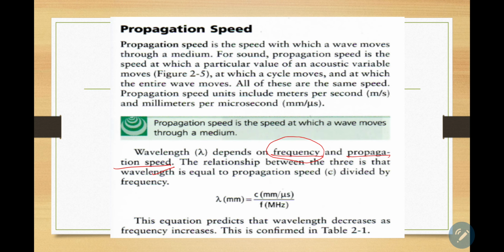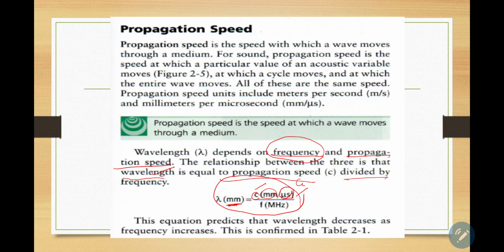So, the relationship between the three is that wavelength is equal to propagation speed divided by the frequency, as it's represented by this formula. Okay, lambda represents wavelength in millimeters for ultrasonography. We measure wavelength in millimeters, and then usually the speed is measured in millimeter per microsecond. Ano yung C?